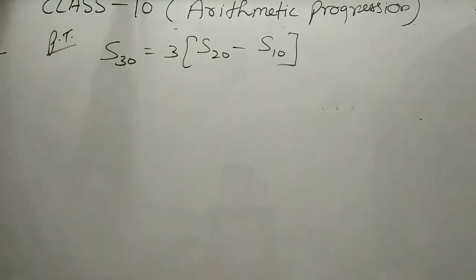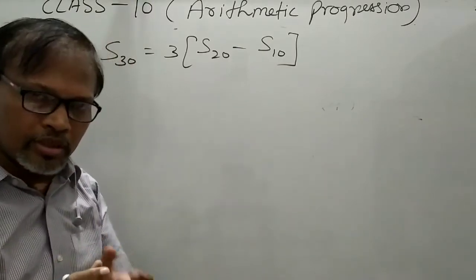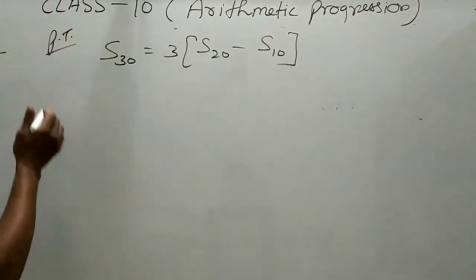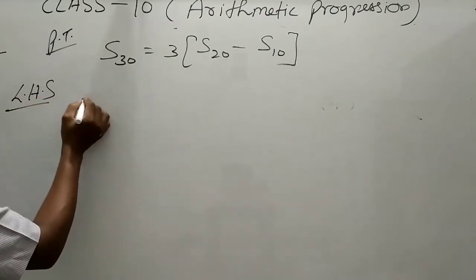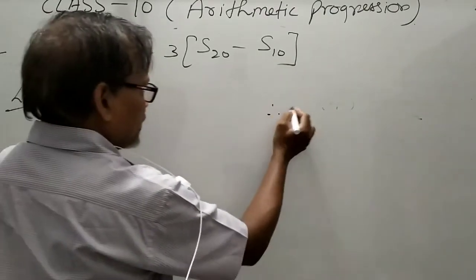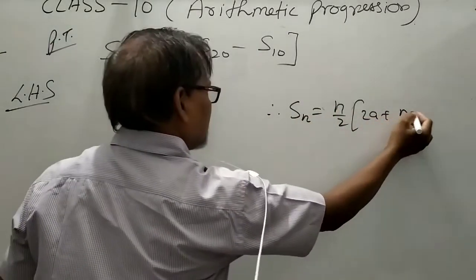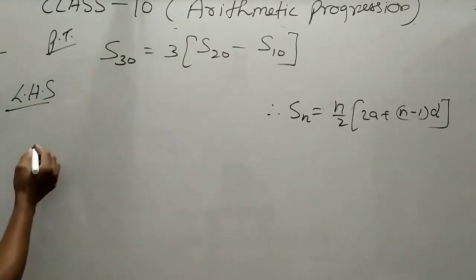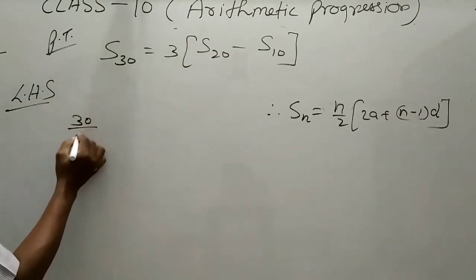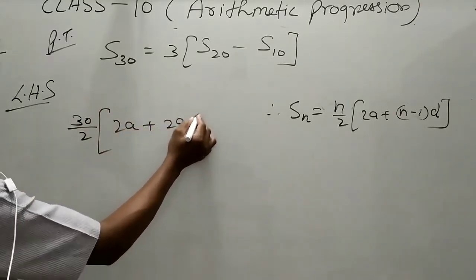How to show? Just put the value of Sn, that is n by 2. Take the left hand side and the right hand side. First we take the left hand side. S30, using the formula Sn is equal to n by 2 into 2a plus n minus 1 into D, and put here 30 by 2 into 2a plus 29d.